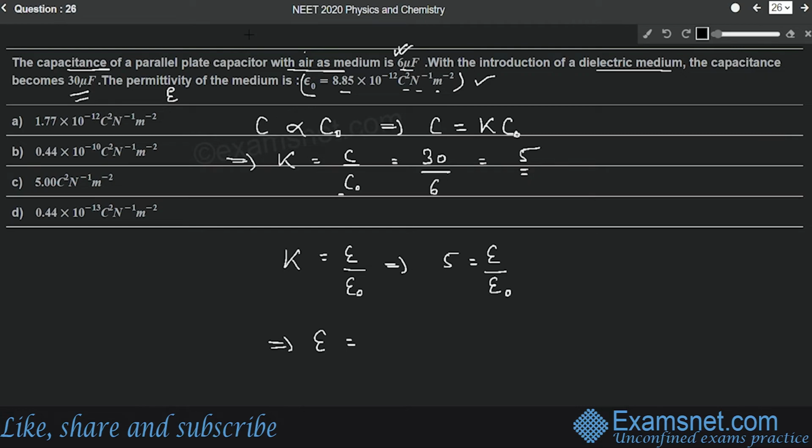It will be equal to 5 times the absolute permittivity. That means 5 into 8.85 into 10 to the power minus 12. Okay. So on solving this, we'll get 0.44 into 10 to the power minus 10 coulomb square per Newton per meter square. Okay. So option B will be the correct answer.